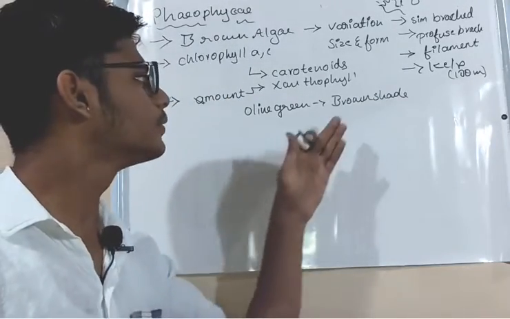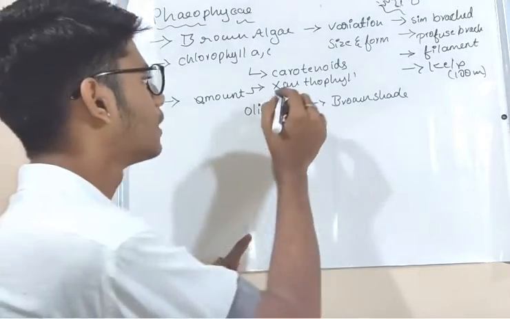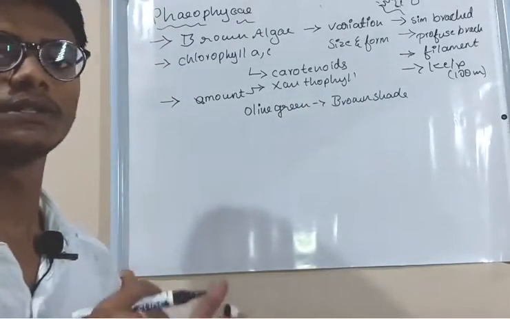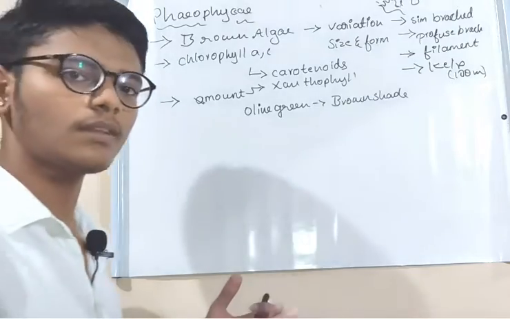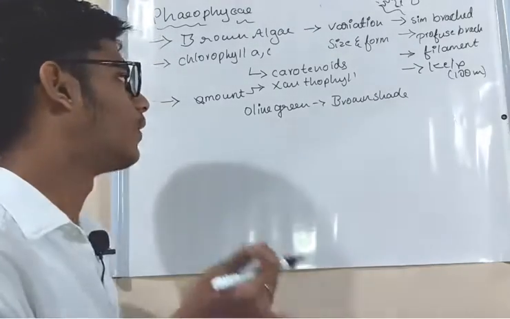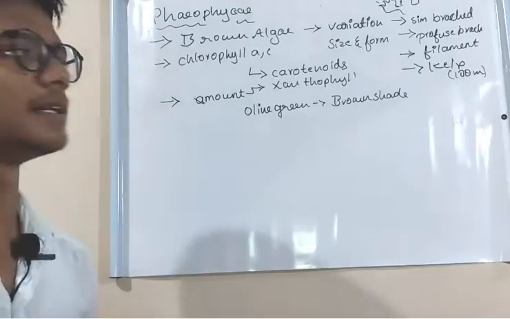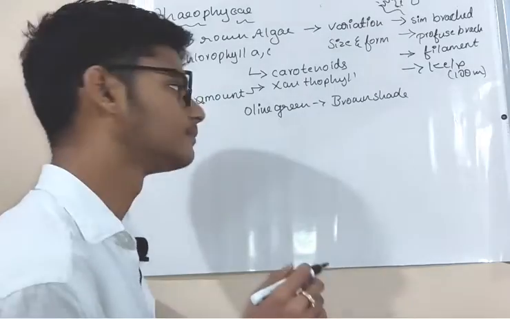This olive green to shaded brown color depends on the amount of xanthophyll. If it is more, it will be more brown. If it is less, it will be olive green.